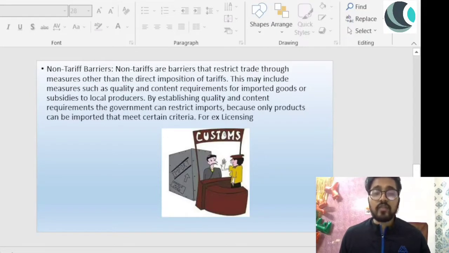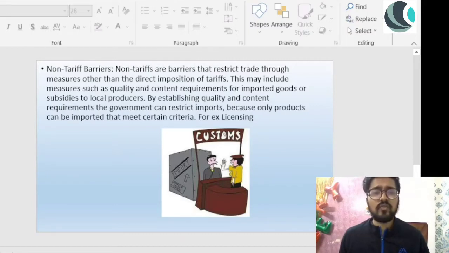Next, you can incentivize your local products by providing them subsidies. To make your product competitive enough to compete with international or foreign products, you can give your national product some incentive-based subsidies, so that they can compete with the foreign products.